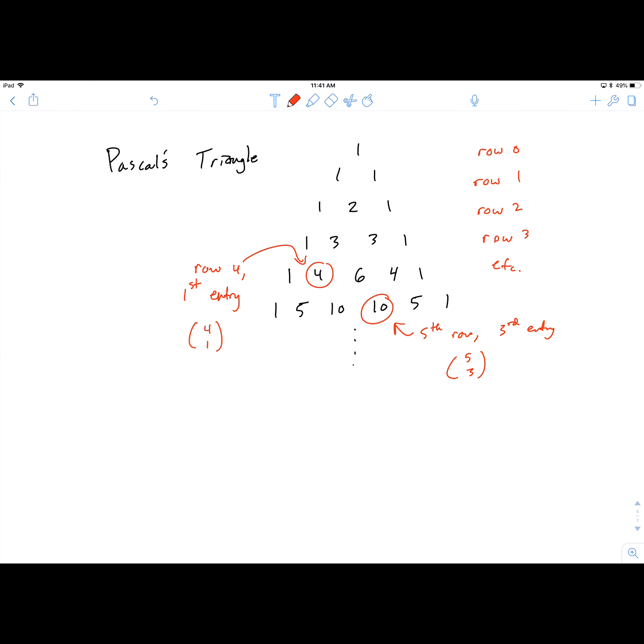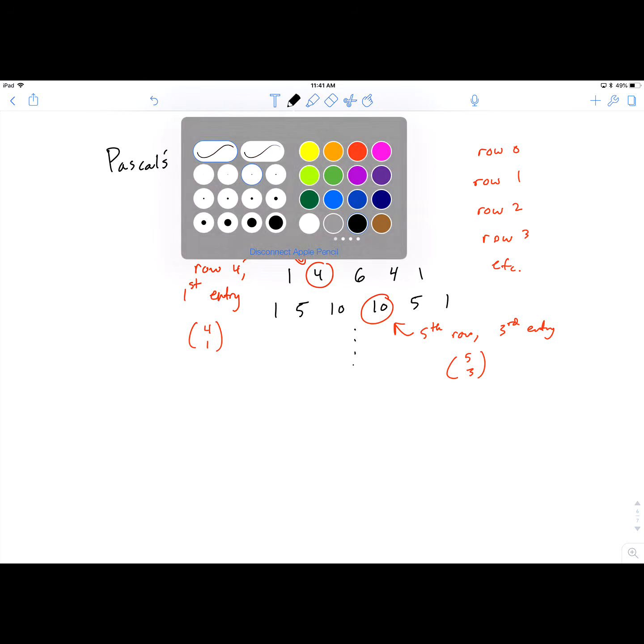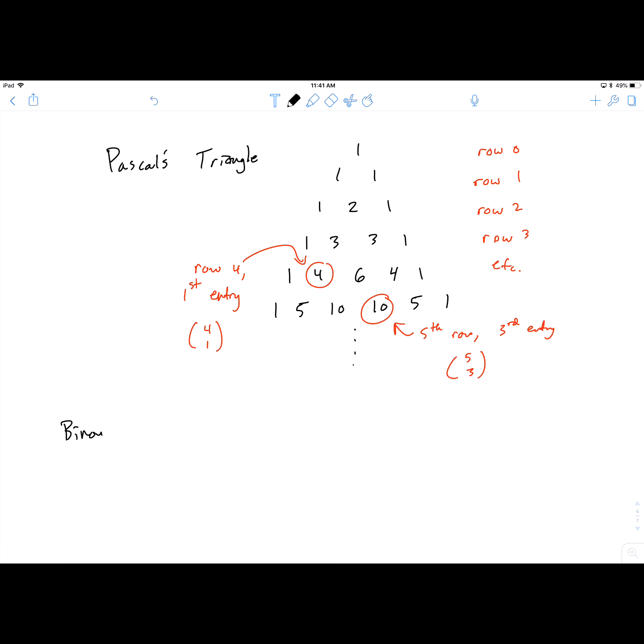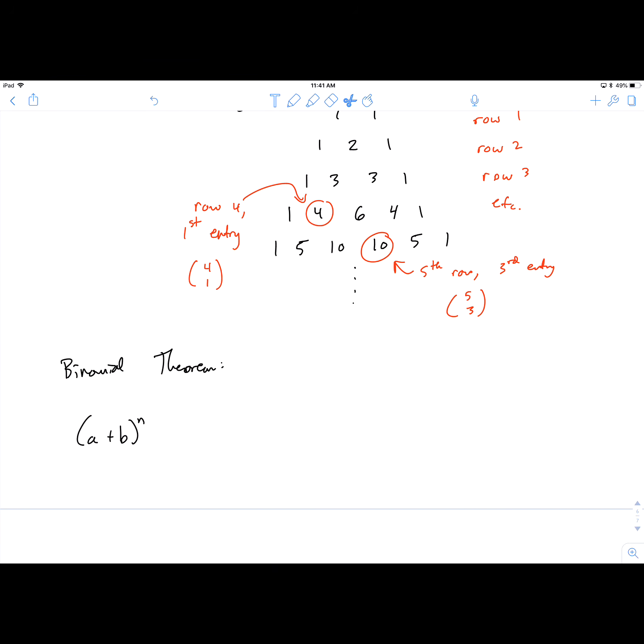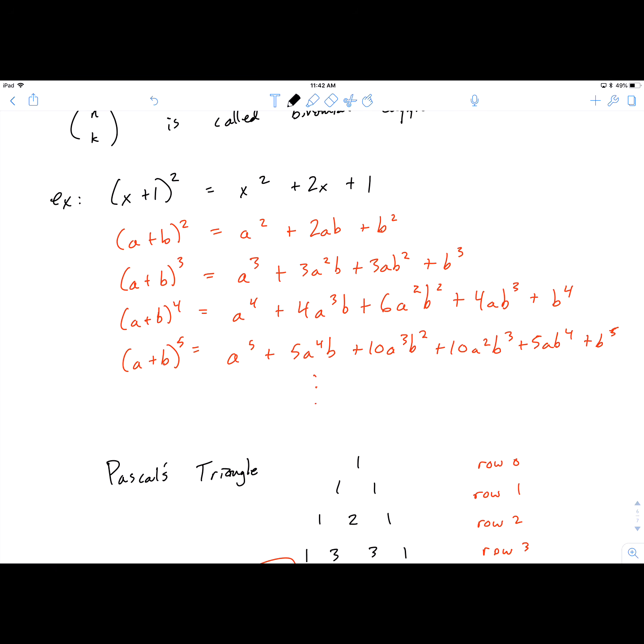But first of all, you'll notice that there's what's called the Binomial Theorem, which basically is a formula for how to expand a plus b to the n. So it says a plus b to the n is equal to, leaving a little space, you're going to have a to the power of n as your first term, and then each subsequent term, if you notice the pattern here, each time a goes down by a power of 1.